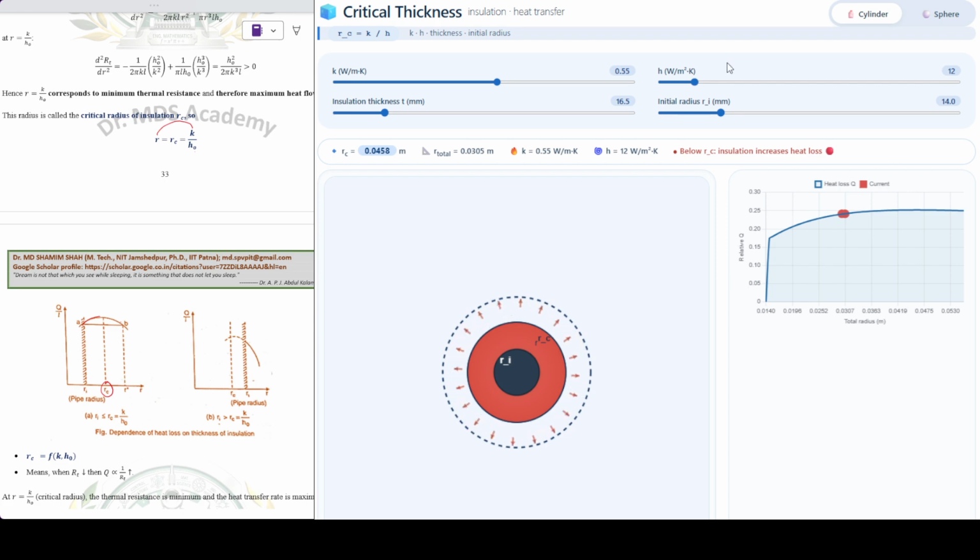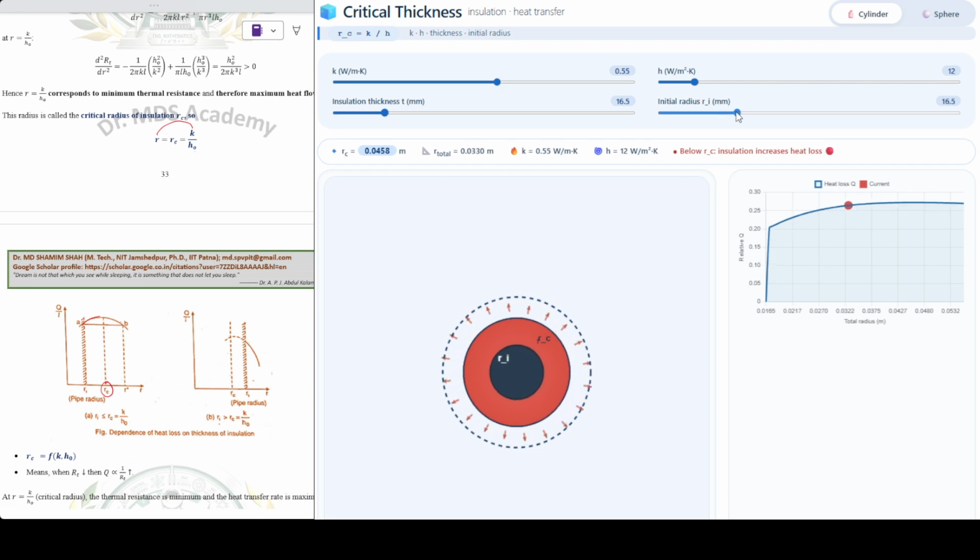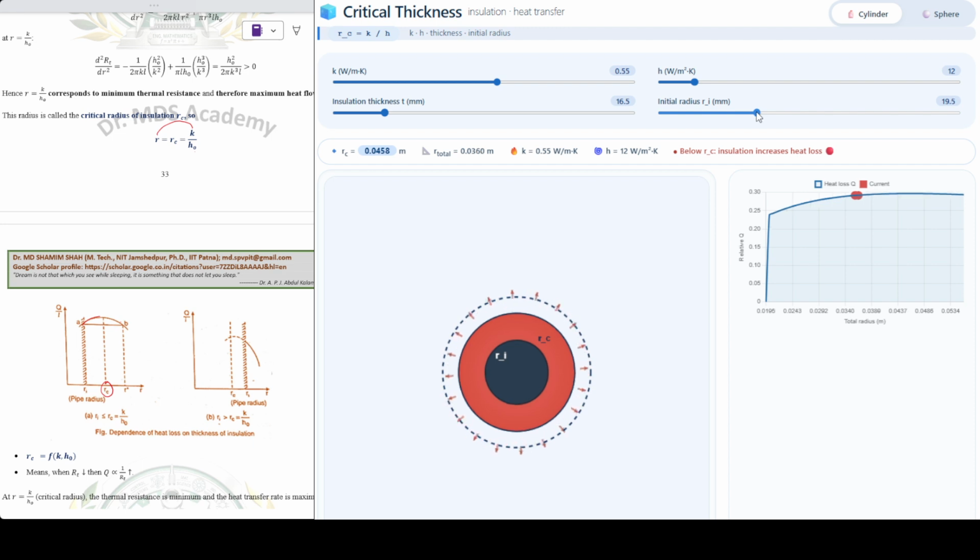So this is the simulation, the code that I have run. What is Ri here? Ri is the rod radius. As you are increasing the rod radius, this black one Ri, see what is happening.